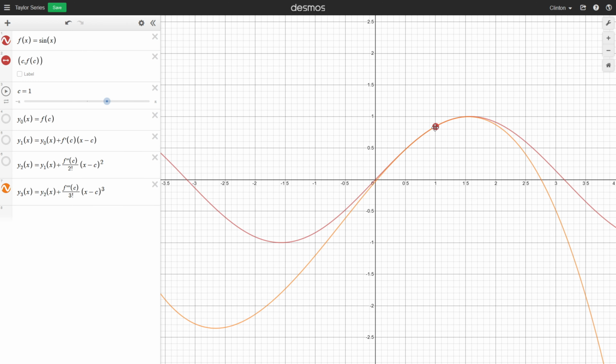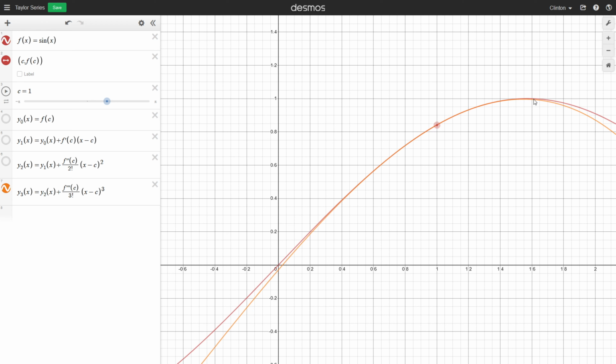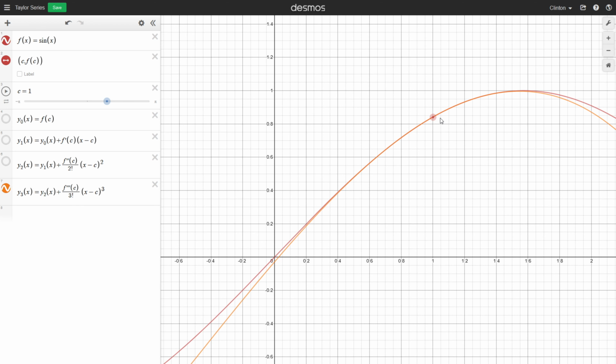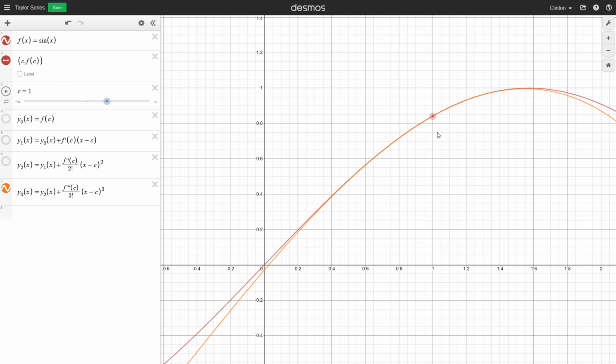Now, if we increase by a bit, we can see that they do deviate. Maybe I can only get to 1.5 and all the way to 0.5. But the idea here is that if you wanted an even higher degree of accuracy, right here it looks like they agree from 0.5 all the way to 1.5.